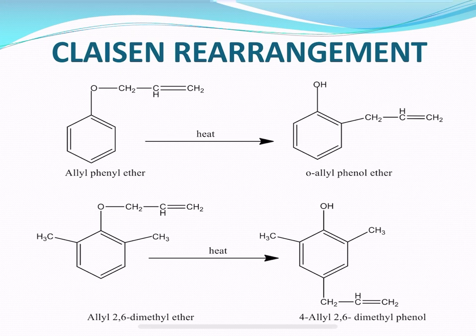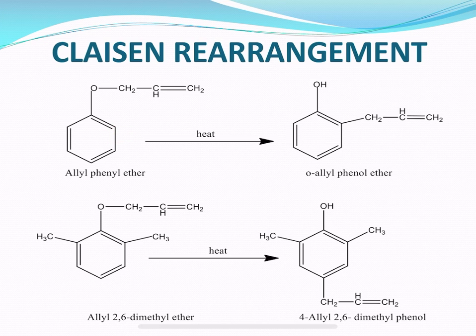When we heat it to about 473 Kelvin, a rearrangement takes place. What is the rearrangement? Here this bond is going to break down, and the oxygen will be converted into a hydroxyl group, or OH group, and the allyl group migrates towards the ortho position of the phenyl ether.